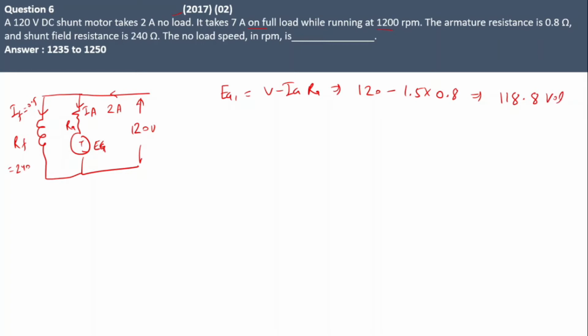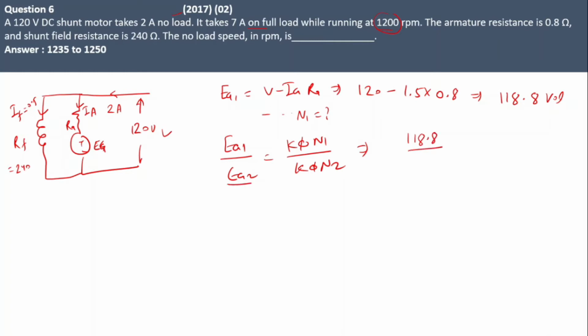Once you know the Ea1, you can easily find out the Ea2 for 1200 rpm. At Ea1 you don't know the rpm, N1 you don't know. So Ea1 by Ea2 equal to K phi N1 divided by K phi N2. Very good relationship. K phi is constant, so N1 by N2 equals 118.8 by Ea2.